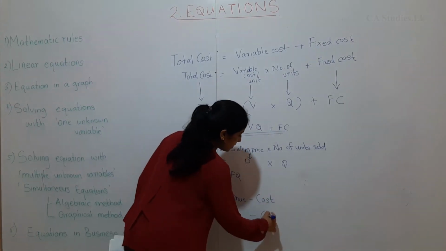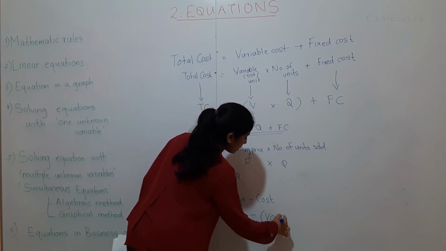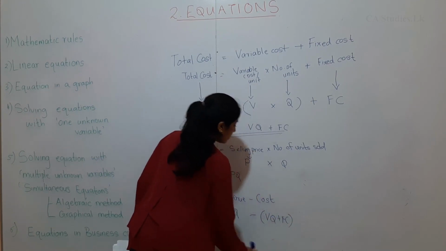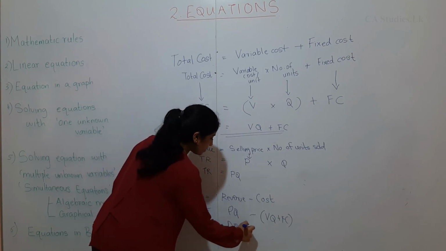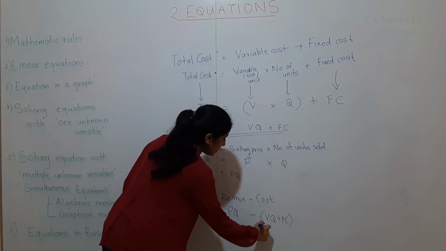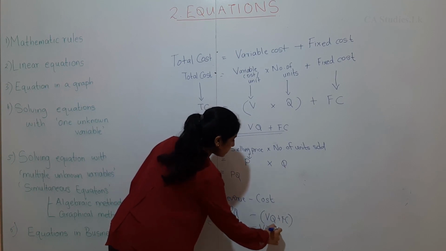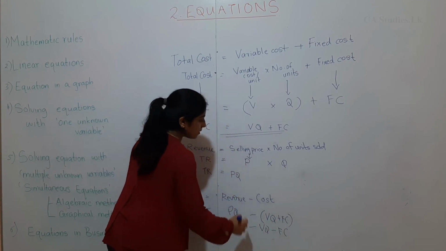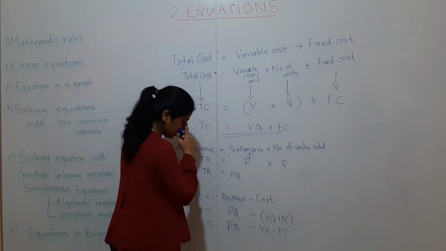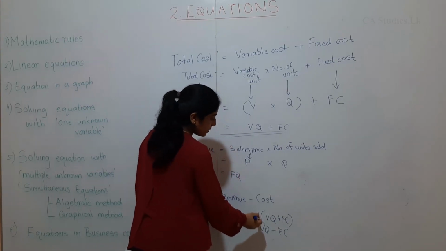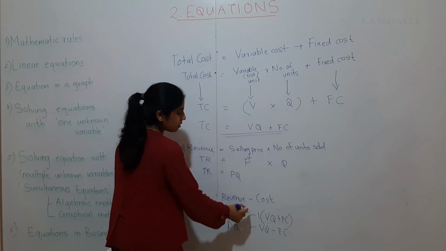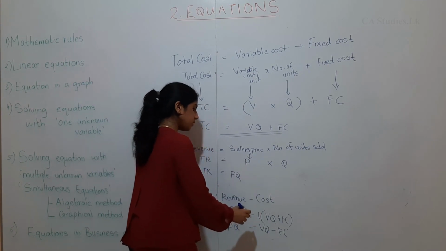So profit equals PQ minus, within brackets, VQ plus fixed cost. Because as I previously told, outside the bracket it's 1 and this is minus, so it's minus 1.